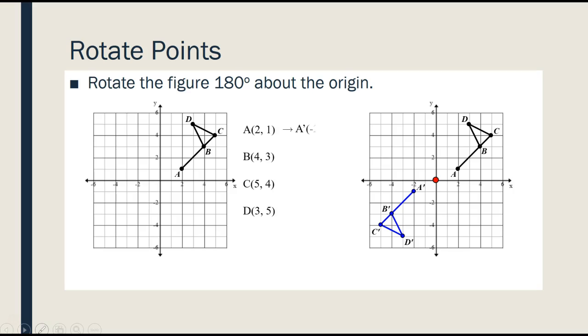Taking a look, A prime, -2, -1, B prime, -4, -3, C prime, -5, -4. Are you noticing a pattern? What do you think the coordinates of D should be?